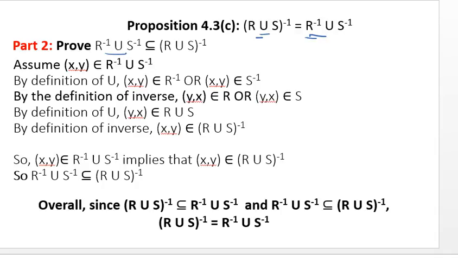By the definition of union, that would say that xy is in R inverse, or xy is in S inverse.